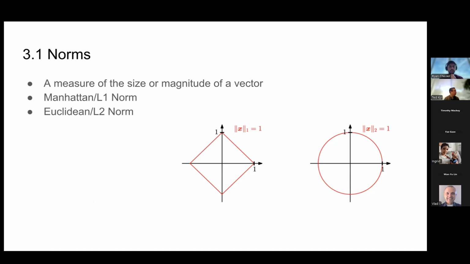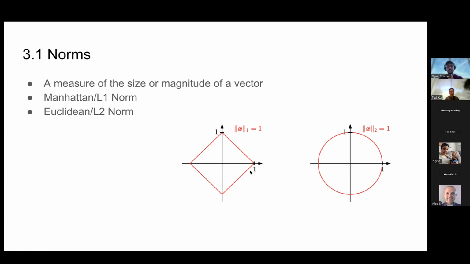The L1 is called the Manhattan norm, and I sometimes think of it like being in a block in Manhattan, where you can't go straight through the buildings; you have to go around the corners. This graphic shows the L1 norm, with all of the points that are one unit away from the origin.